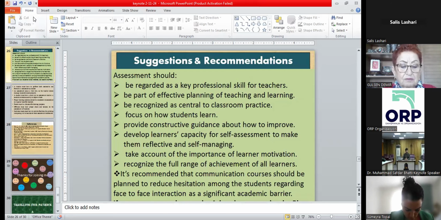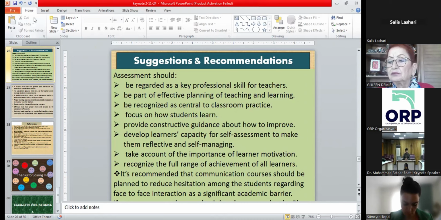Before leaving, I would like to give you some suggestions and recommendations. Dear all, assessment should be regarded as a key professional skill for the teacher and be part of effective planning of teaching and learning, be recognized as central to classroom practice, and be focused on how students learn, provide constructive guidance about how to improve, and develop learners' capacity for self-assessment to make them reflective and self-managing.